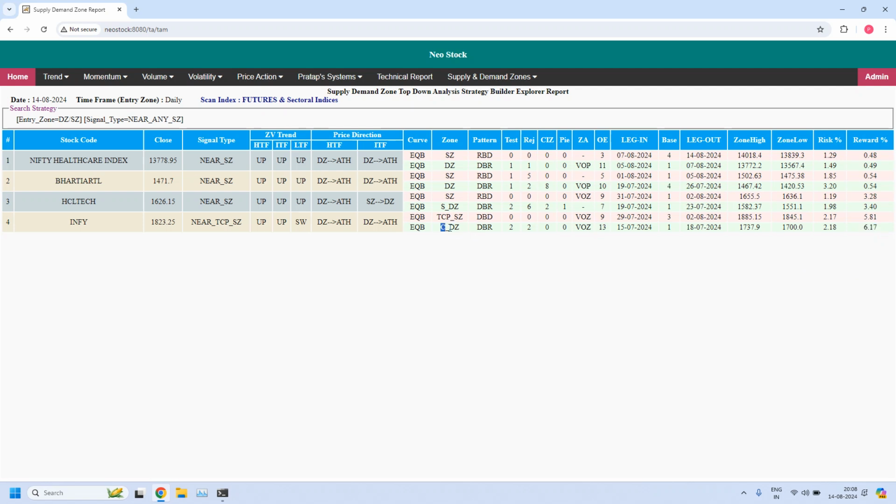The chances of getting a long trade are very low, but we should plan. Try to fine tune both the zones, because currently NIFTY is moving between this high liquidity demand zone and high liquidity supply zone. So this is on the daily time frame. Stocks near a high liquidity supply zone: this is a counter trend trade setup zone.